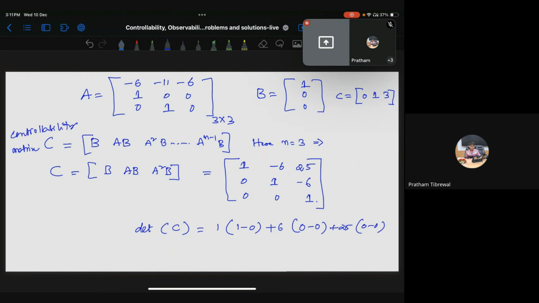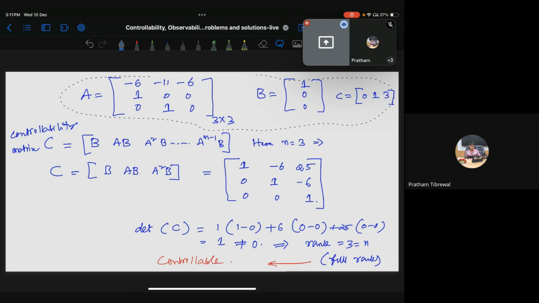So you are getting 1, which is not equal to 0. That means the rank is 3, which is nothing but full rank. Since that is full rank, the given system is controllable. Is this clear?